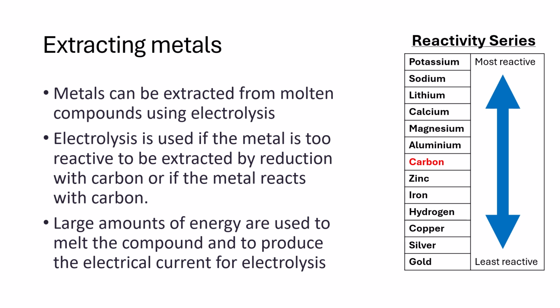A good little tip though is that when it comes to hydrogen, anything that's used to make jewelry, so copper, silver and gold, will be less reactive than hydrogen. Everything else will be more reactive. So that is a quick and easy way just to remember in terms of hydrogen for electrolysis. Anything that makes jewelry, so copper, silver or gold, will be less reactive than hydrogen, and that's important when you're working out what's happened in electrolysis.